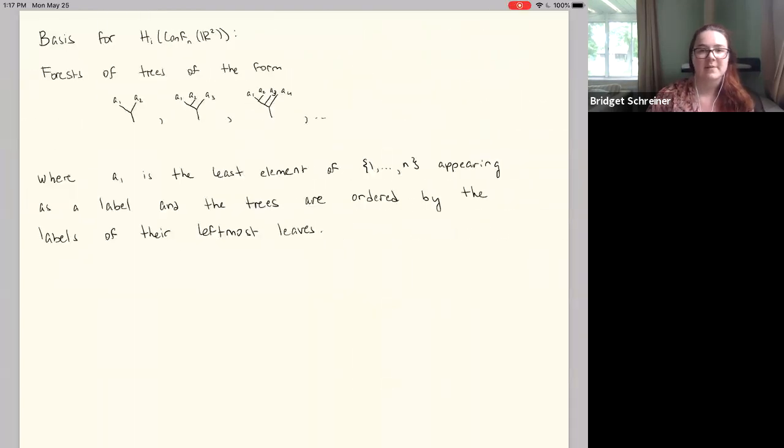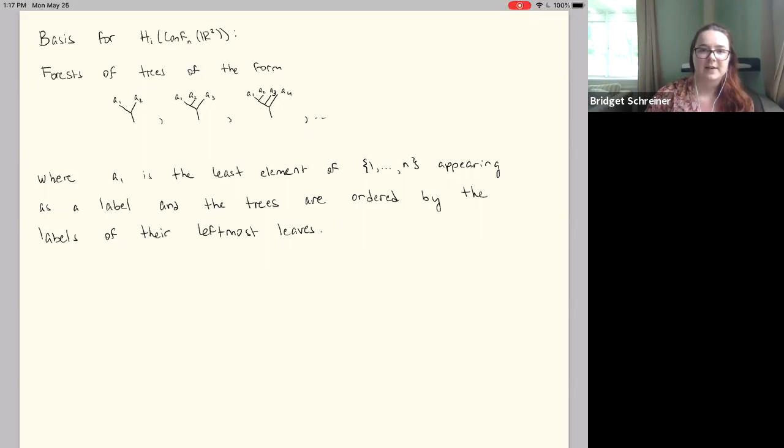So it turns out that for a basis for the ith homology, we don't have to consider all of the possible things. This structure with the forest winds up having an anti-symmetry and a Jacobi identity, and I think some kind of anti-commutativity. So we only wind up needing to consider forests of trees of the form that I've drawn below.